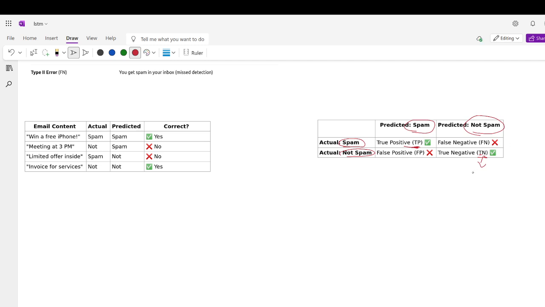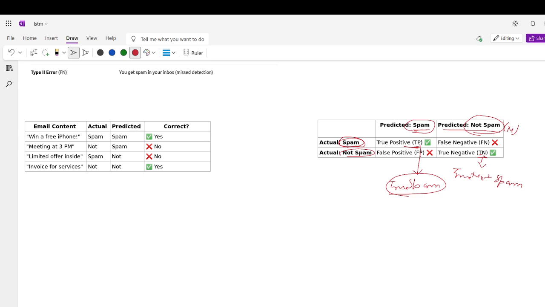Negative here is not spam, and it is true because you also predicted not spam, which is the negative class. That's why it is a true negative. The same goes for the true positive. Positive refers to spam, and these are truly spam, because your ground truth said it is spam, and you predicted spam as well.